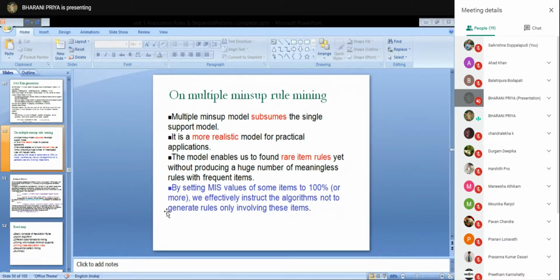So these item sets will include rare items as well as frequent items. And the note is, if you set the MS value of any item equal to 100%, that means we don't want to generate rules which include that item, because it is having 100% MS value.